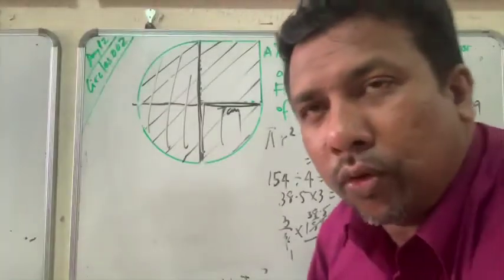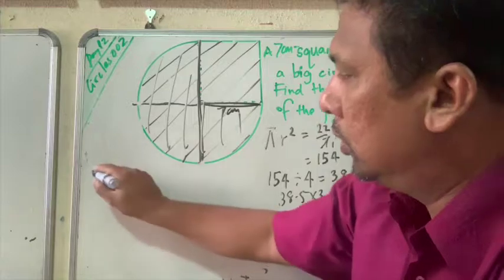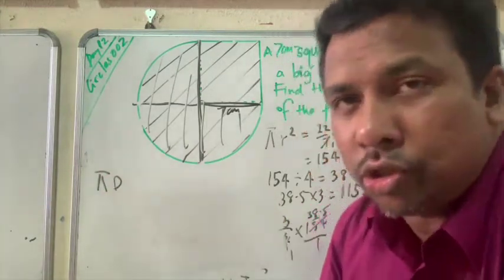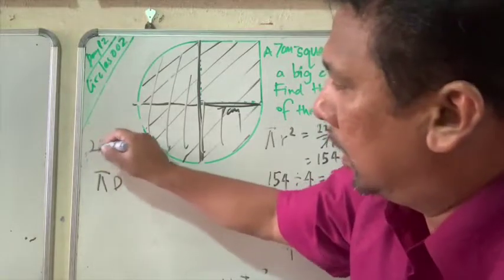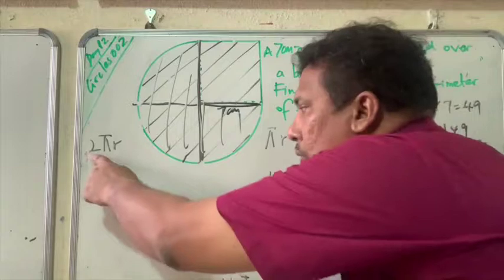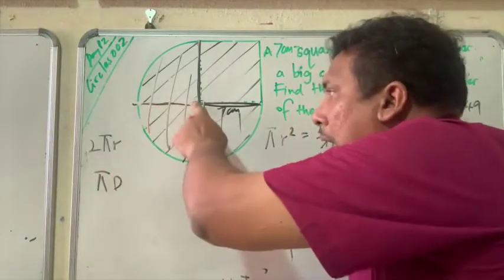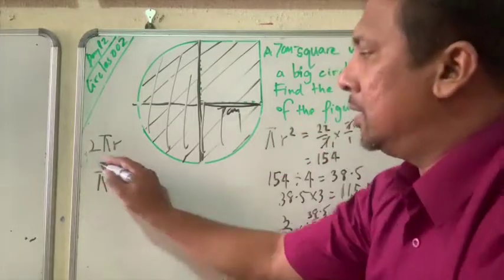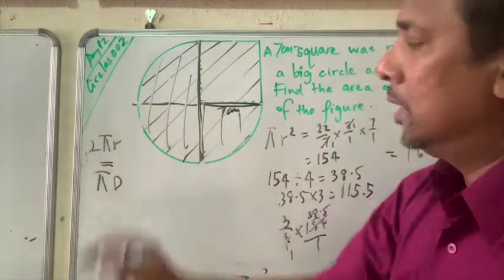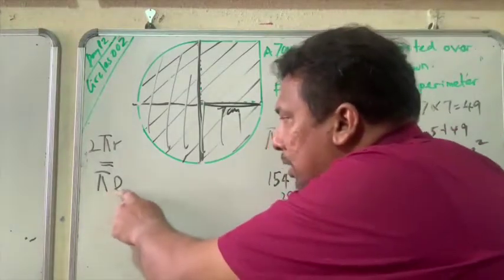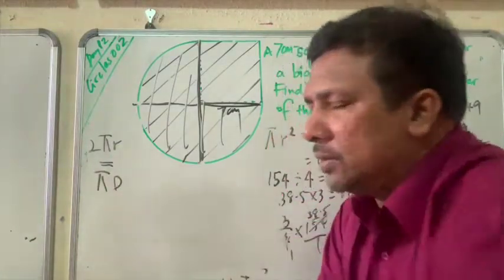The formula for circumference, I use pi times d. Now sometimes your teachers will teach you the formula, most probably 2 pi r. 2r is the same as diameter, so it's the same as pi times d. These formulas are the same. So you can use it as pi times d or 2 pi r. Why do I prefer this?